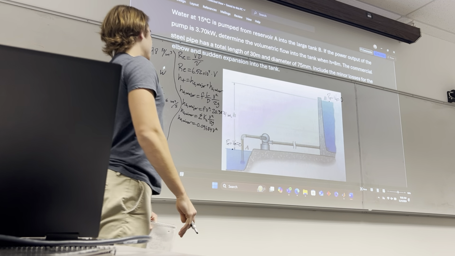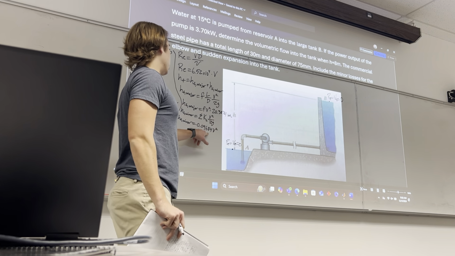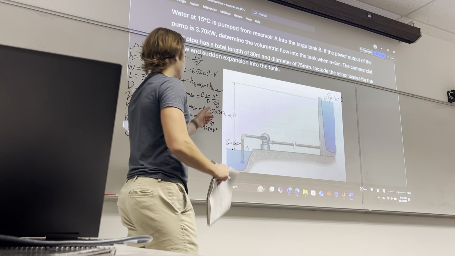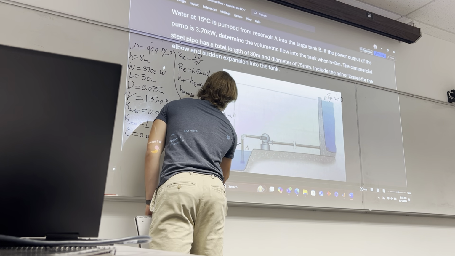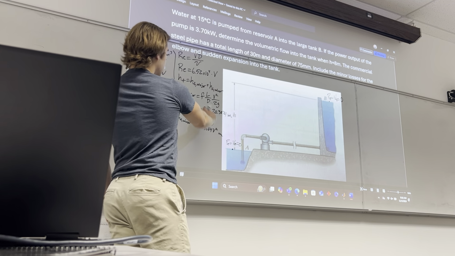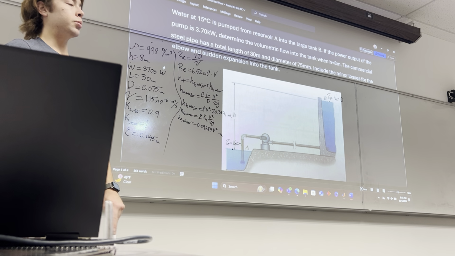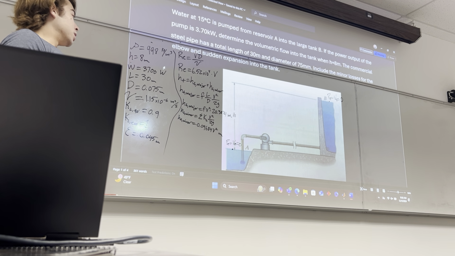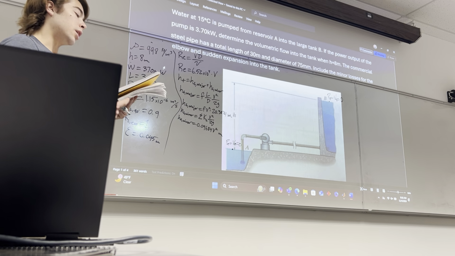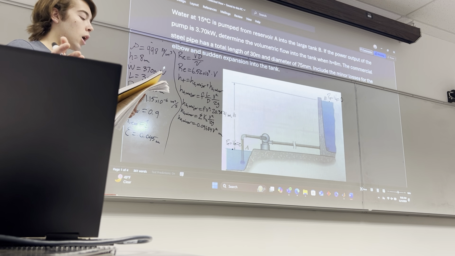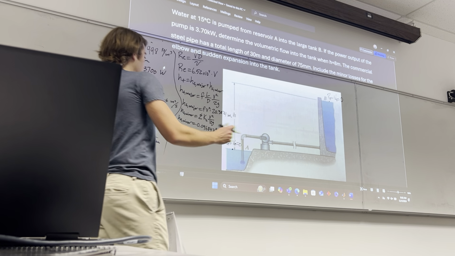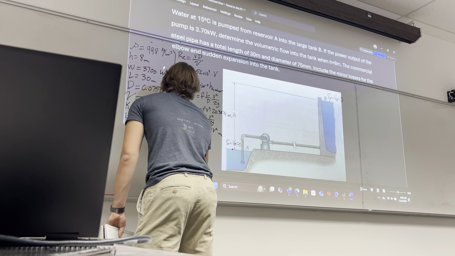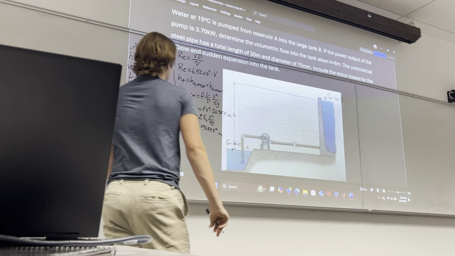And you can just see visually that this number would be quite a bit smaller than this one. Even with that really small friction coefficient, it would still be a pretty small number. But okay, so we've got that stuff. All right, now what? Well, let's add them together for h_f total.